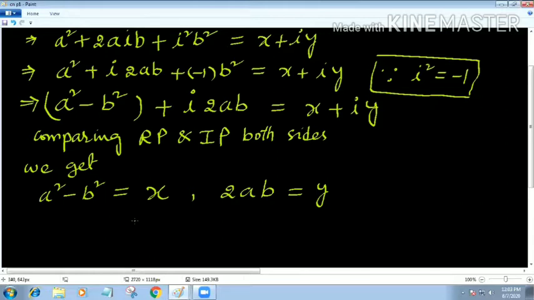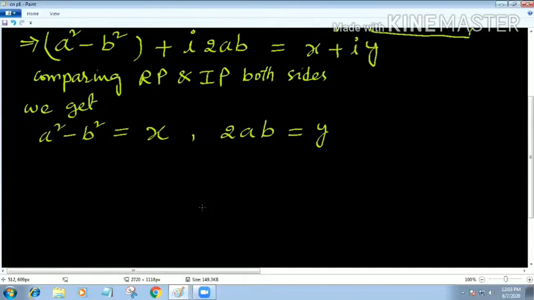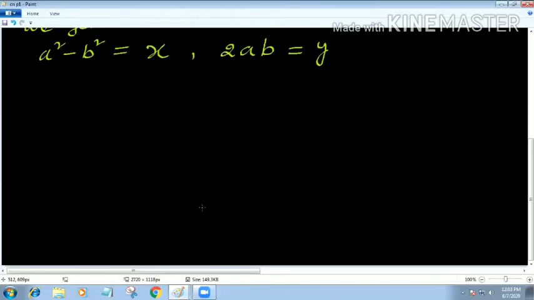So we get x equal to a square minus b square, and y equal to 2ab. Now we have to find the x square plus y square value.